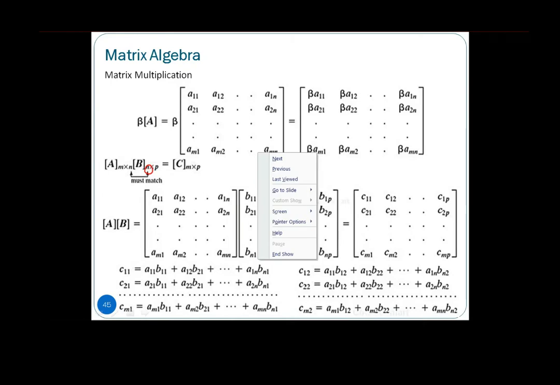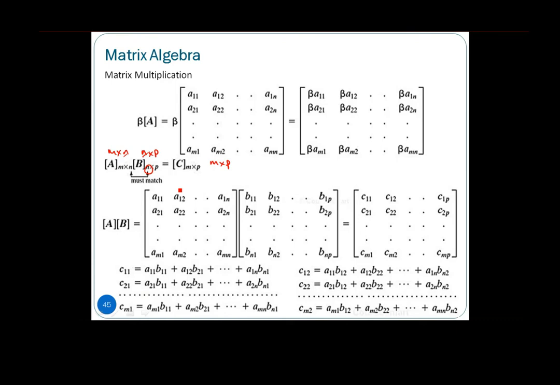So you end up with m times p, the size of the matrix. That is something you probably have to take notes on. The size of the matrices has to fulfill that rule in terms of multiplication, right?